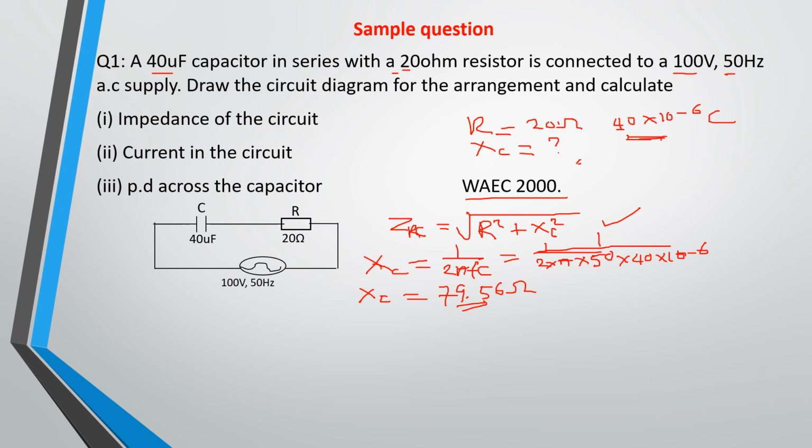The impedance is equal to the square root of 20 squared plus 79.56 squared.